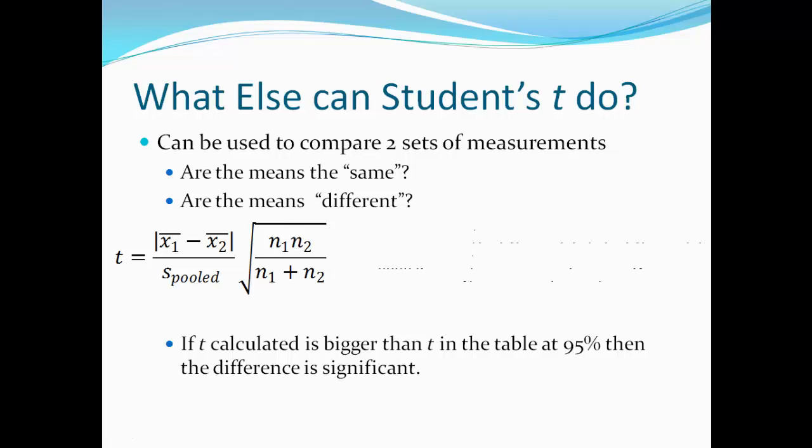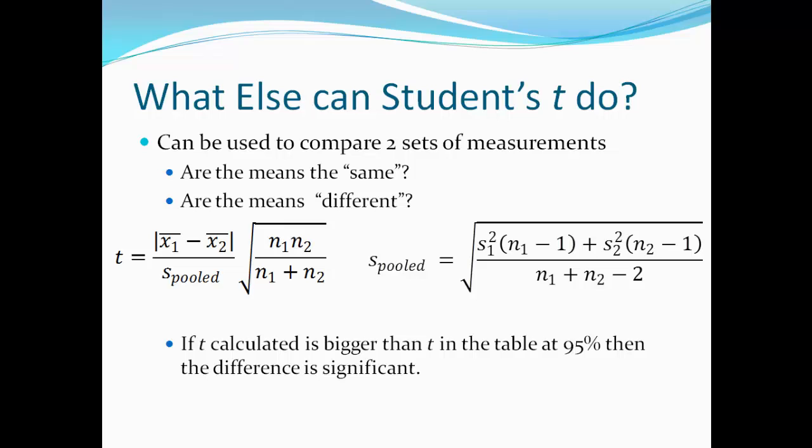Now S pooled, I'm showing to you right here. And again, you see all of the different variables you use here are the variables you know already, or you would know because the problem would give you all of this information. So this is not a hard equation, you just have to have all the pieces of information to be able to plug in here. And how do you know if they're the same or not?